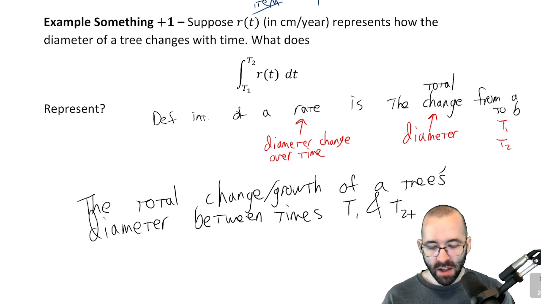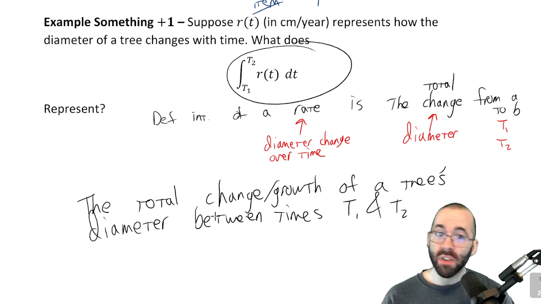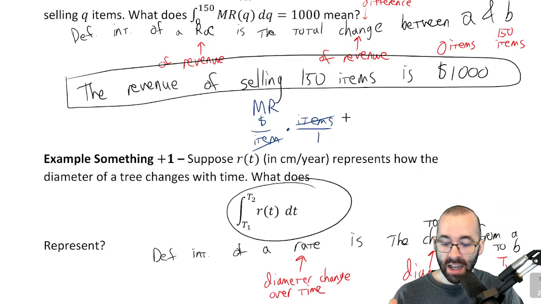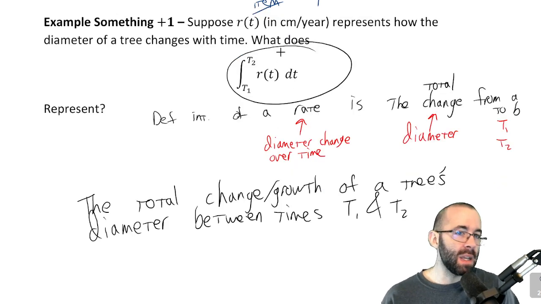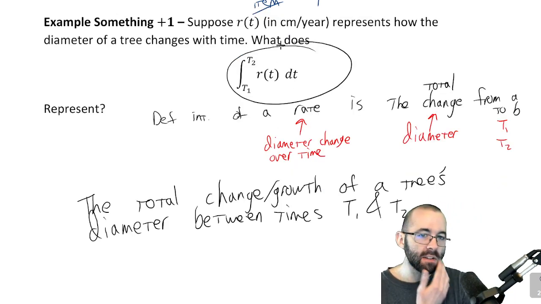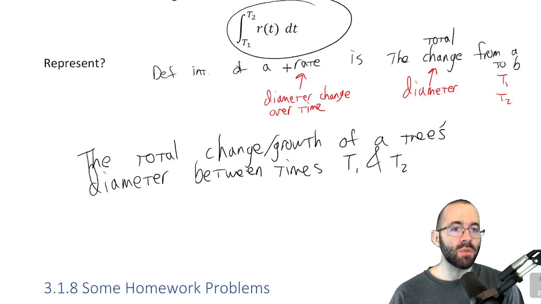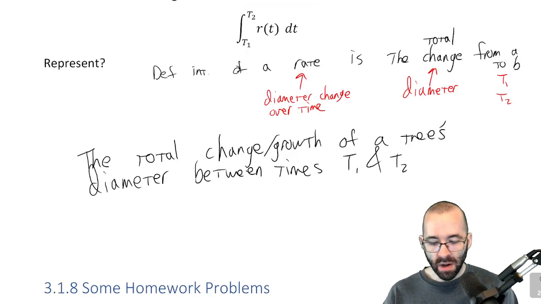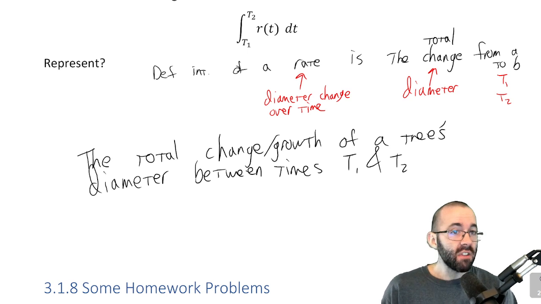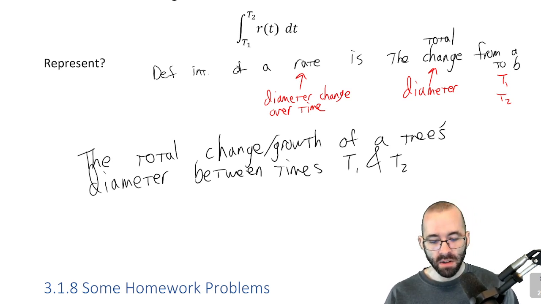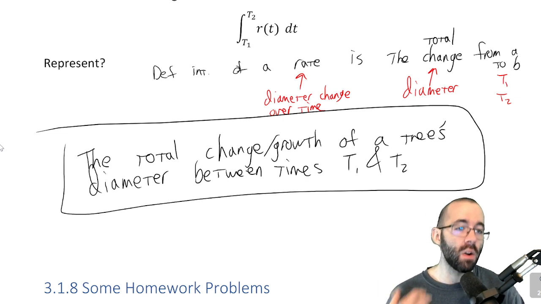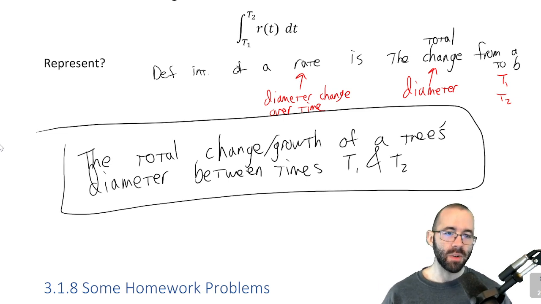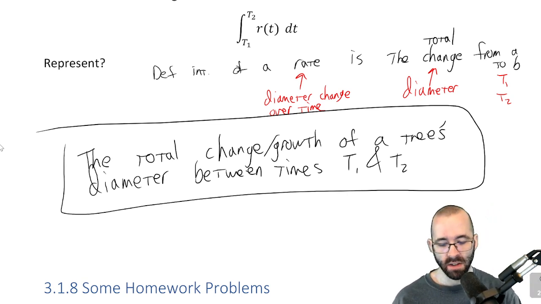Who knows? In the last example, I said this is equal to a number. Here, this is going to be equal to some number, but now we don't know what it is. Because it's a definite integral, it will equal a number. And that number is the total change or the total growth of a tree's diameter between these two times. And that's how we can interpret these integrals.